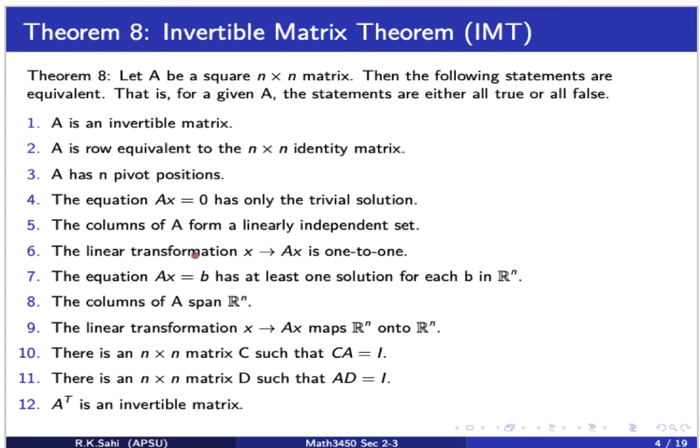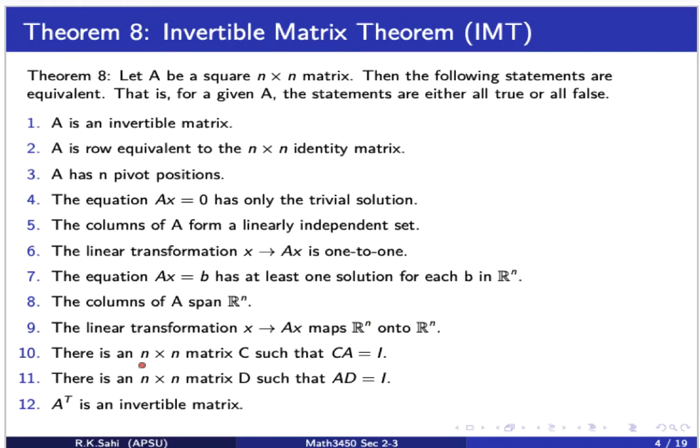From section 1.8 of the Lay book, the linear transformation x to Ax is 1 to 1. Then the equation Ax equals b has at least one solution for each b in Rn. The columns of A span Rn. The linear transformation x to Ax maps Rn onto Rn.